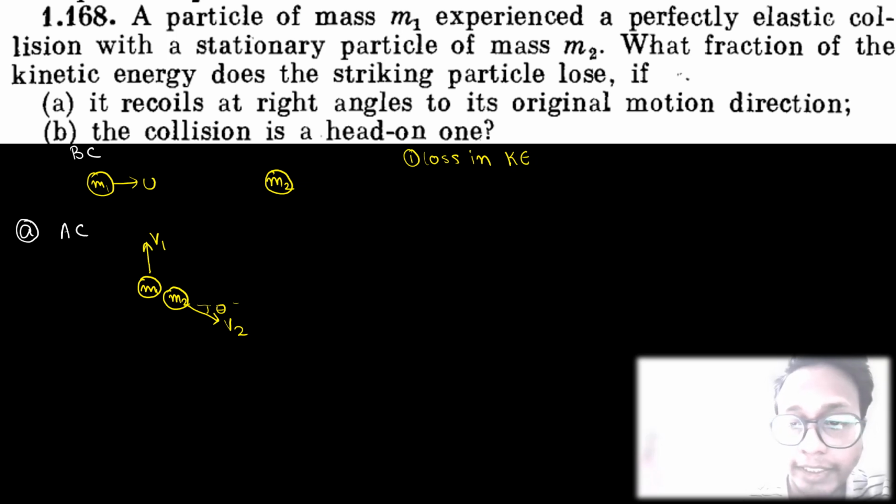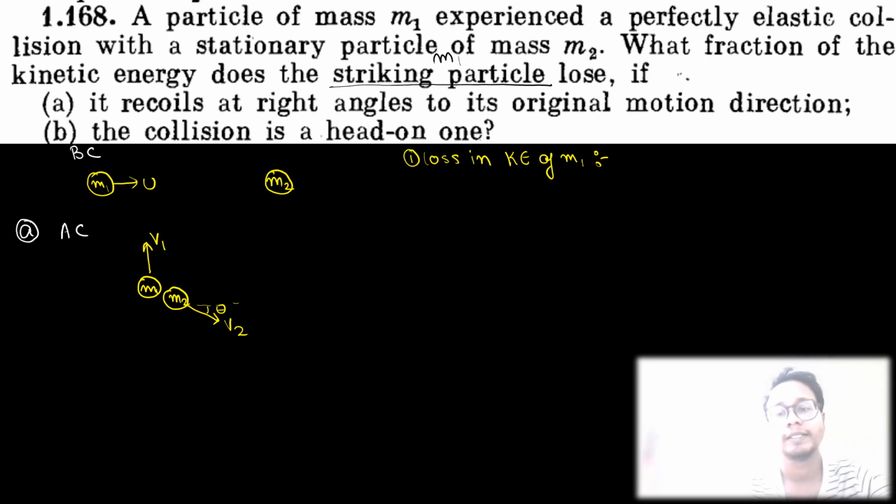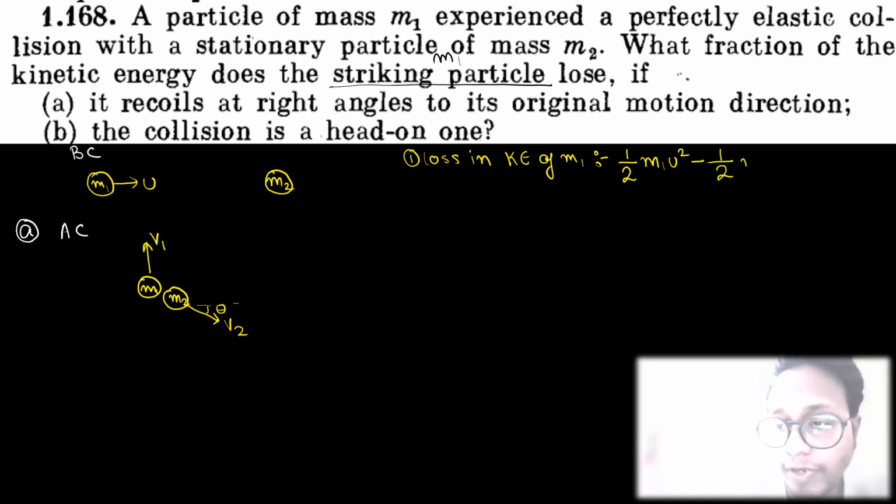That is what the question is asking. Striking particle means M1. So loss of kinetic energy is half M1 U square, the initial kinetic energy, minus final kinetic energy, half M1 V1 square.